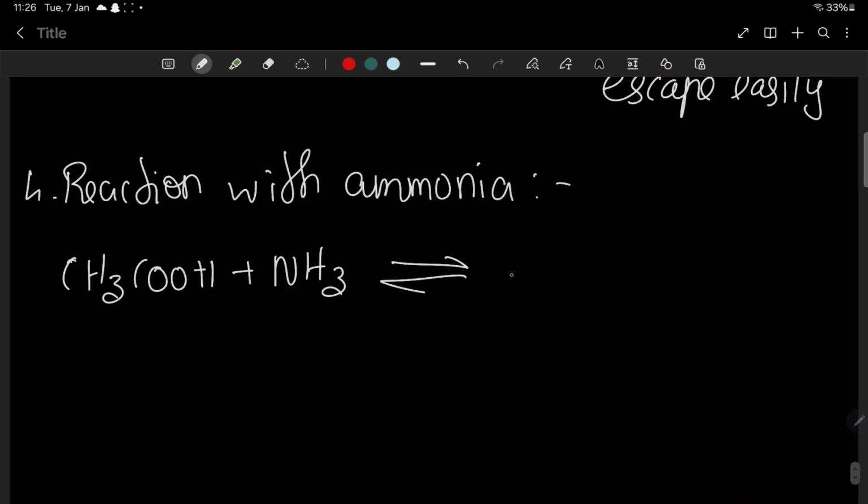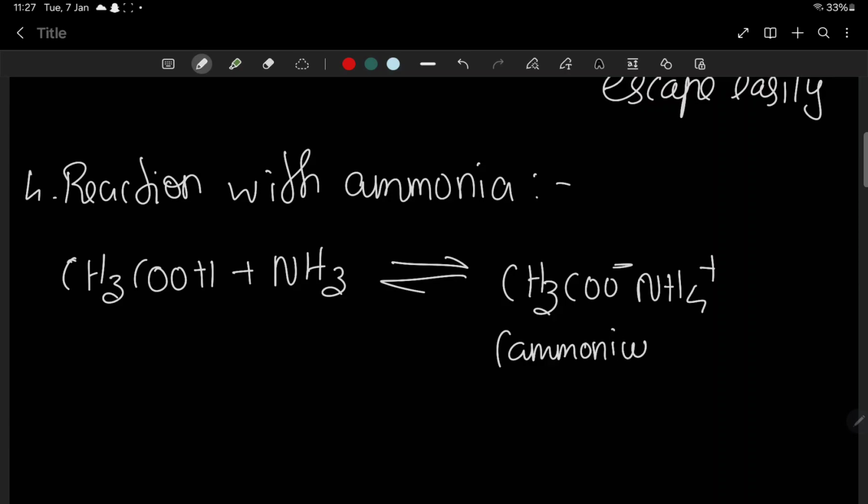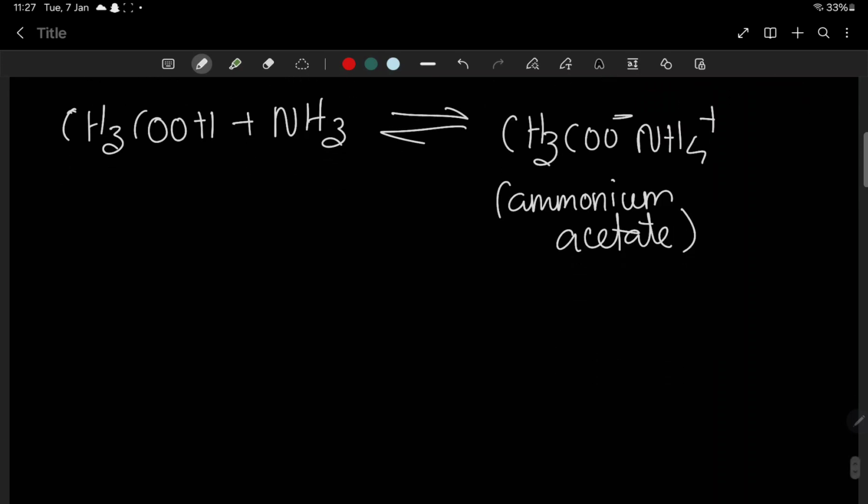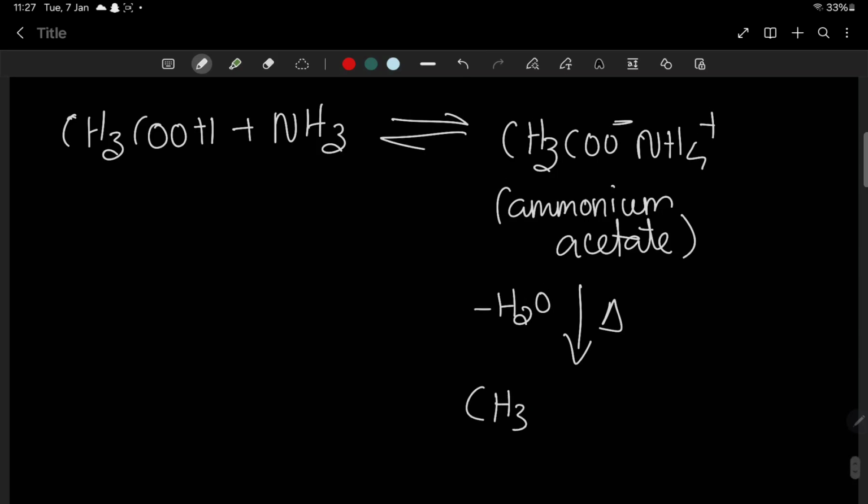We add ammonia, we get a salt, that is CH3COO- NH4+. This salt is called ammonium acetate. Okay, perfect. It is then heated and water is eliminated, and we get CH3CONH2. We get this compound.